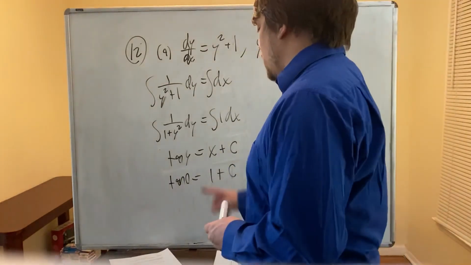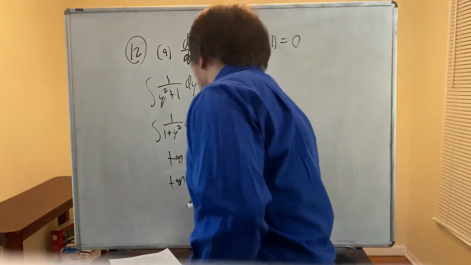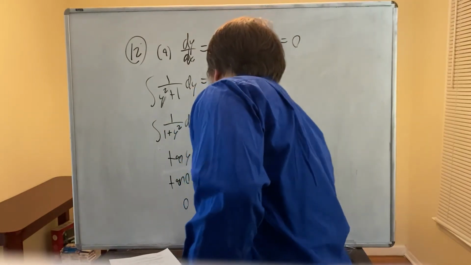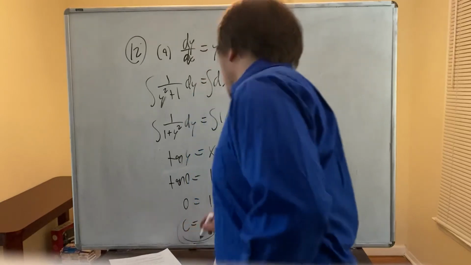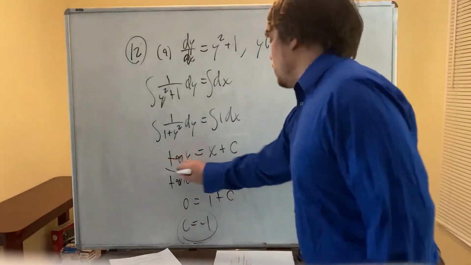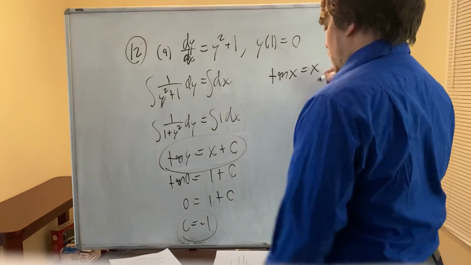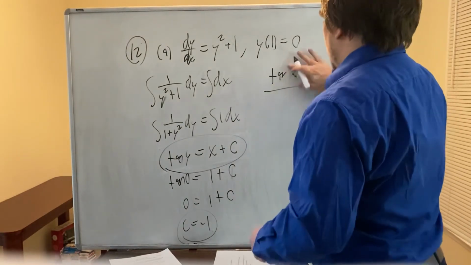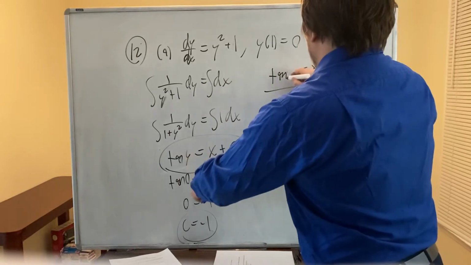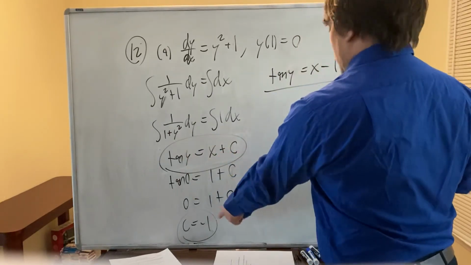Tan inverse of 0 is 0, so 0 equals 1 plus c, which means c equals -1. If c is -1, we plug that into that equation, and the final answer is tan inverse y equals x minus 1.